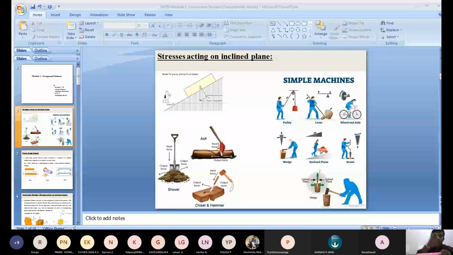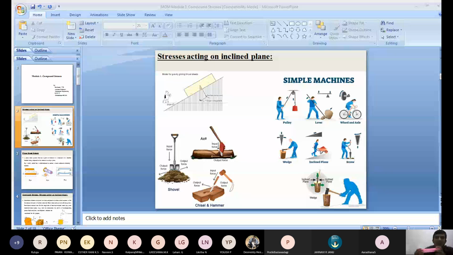That will be the maximum stress induced in the plane, throughout the length. The quantity is sigma equals P by A. For simple stresses you can easily determine the magnitude of stresses induced and the maximum stress induced in the component.